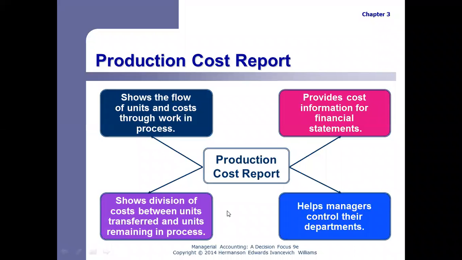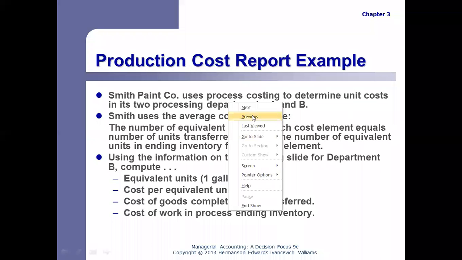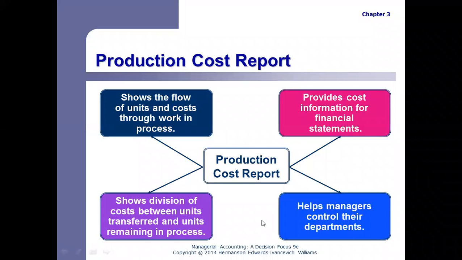Okay, production cost report. The production cost report shows the flow of units and costs through work in process. So it shows how many units you worked on during the period.